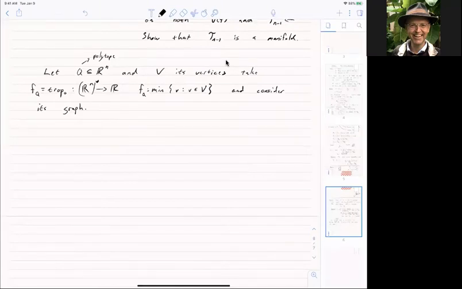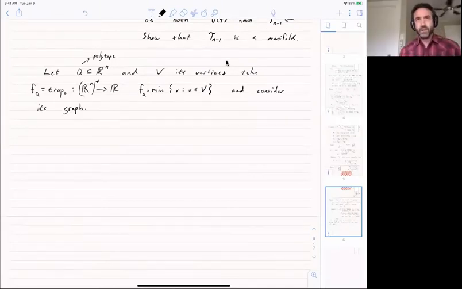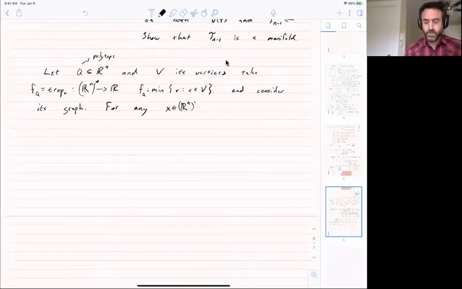Now for any element, say x in R^n dual, I can define the gradient of f_Q at x.